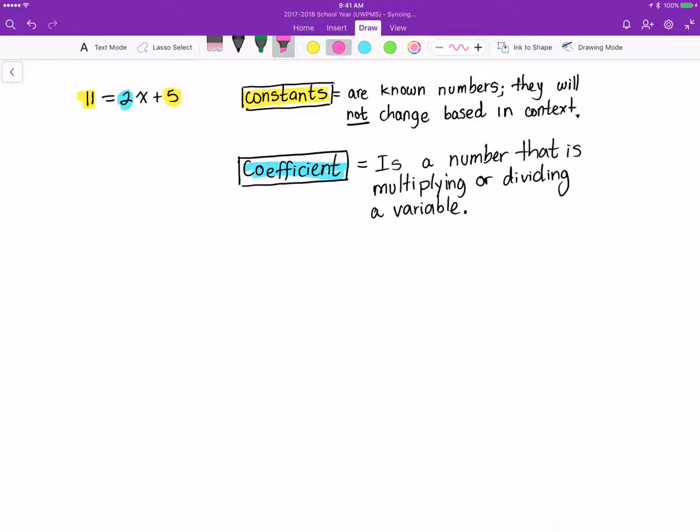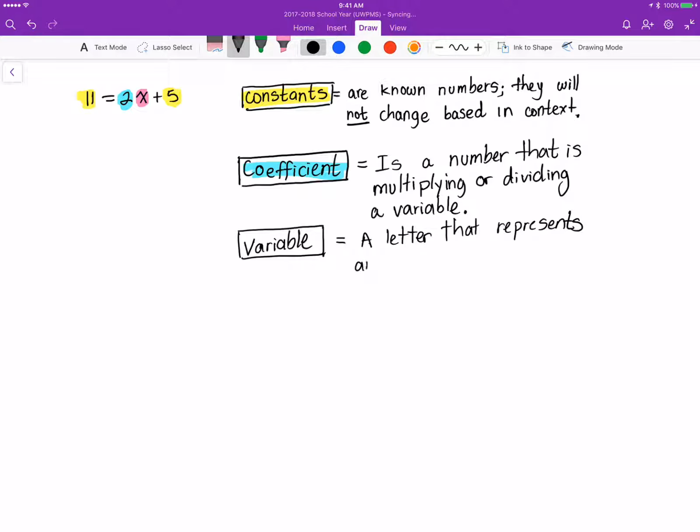Last but not least, this little guy right here is known as a variable. And a variable is a letter that represents an unknown number.